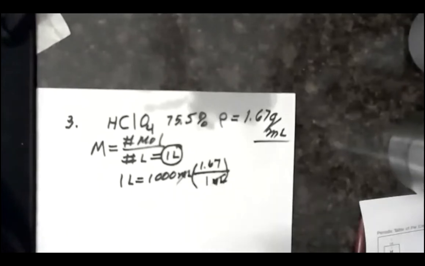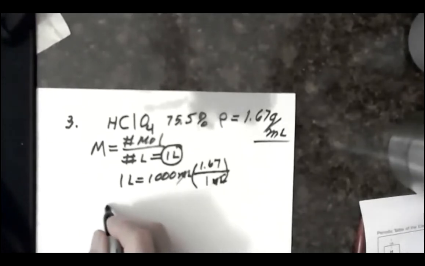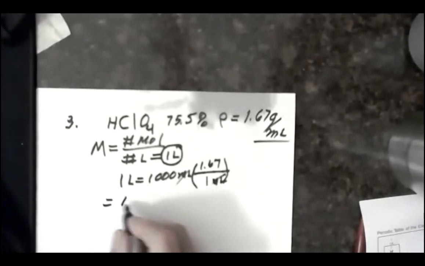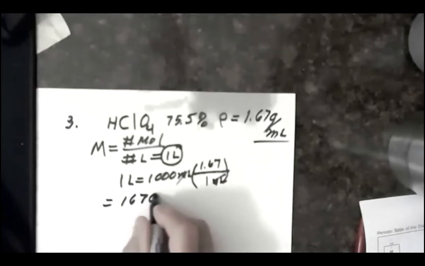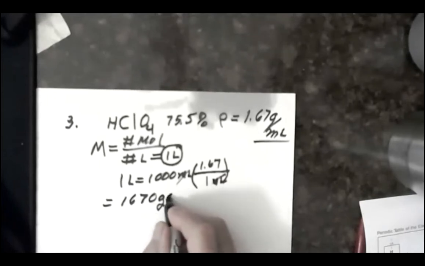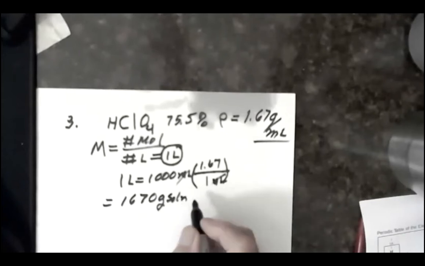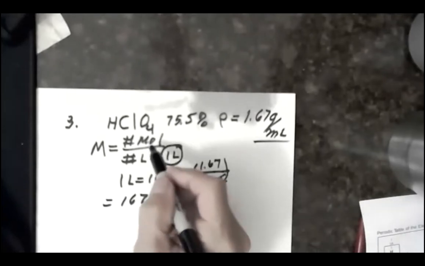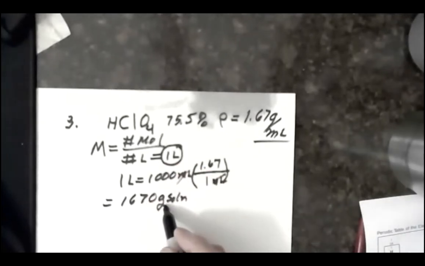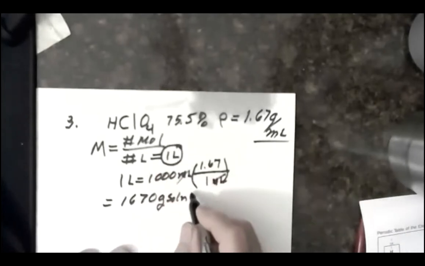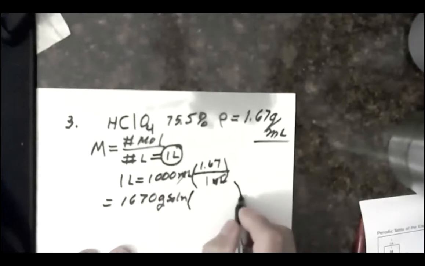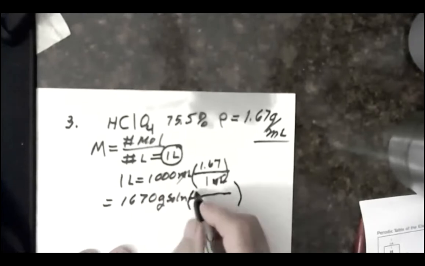So multiply that out, and I'm going to come up with 1,670 grams of the solution. So I can't convert that to moles up here because this is solution. It's got water in it too. I want to know just how much perchloric acid is in it. Well, the percentage tells me that answer.